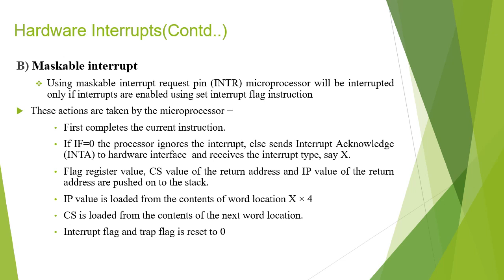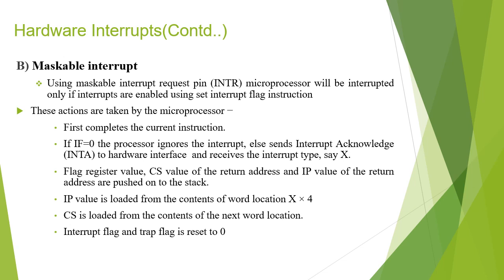Since it is a maskable interrupt, there is a provision for you to mask all the interrupts coming through the pin. If you set your interrupt flag equal to 0, that means any interrupts coming from the INTR pin are disabled, and the processor will simply ignore them. Else, it will do the same as it did for the previous NMI interrupts.